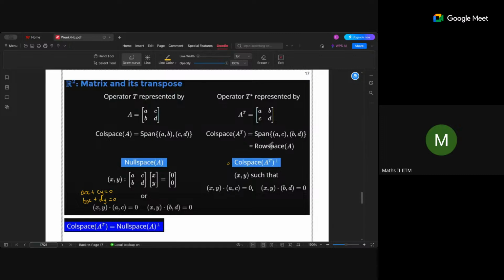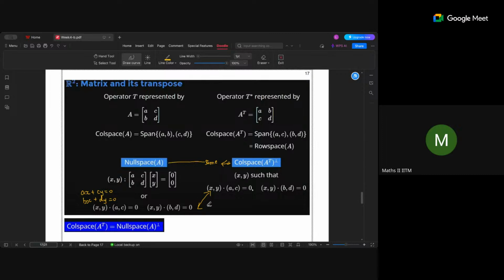It is orthogonal to a, c and orthogonal to b, d, so that the dot product is 0. Okay, so you see that these two are exactly the same, right? So it means the null space of A is the same as the orthogonal complement of the column space of A transpose.